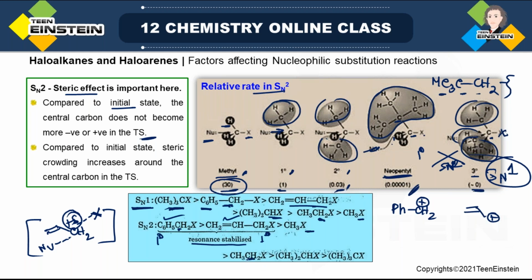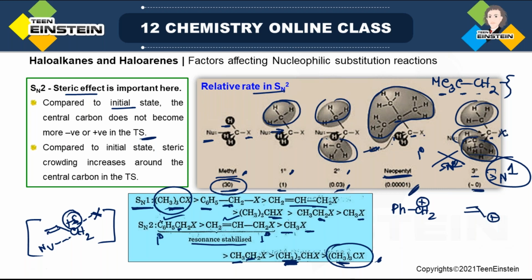After CH3X, it is ethyl, because there is only one methyl group. Now another hydrogen is replaced by methyl, so sterically, compared to CH3X, it is more hindered. As we increase the number of methyl groups, reactivity decreases. And the tertiary halide gives the maximum yield in case of SN1, so it is present at first position, while here it is at the last position, because from the steric point of view it is not at all a good substrate for SN2.